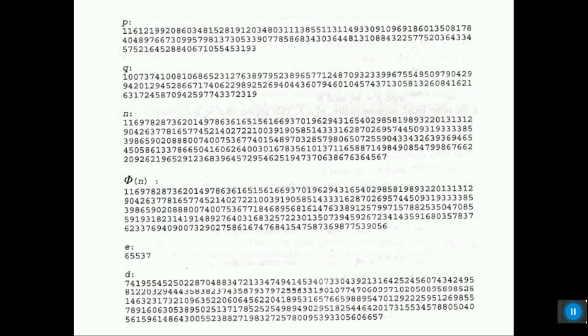But the decryption key, have a look at that. It is a very large number, which will not be known to the public, which is secret with the receiver of the message. So this is the way the RSA algorithm works.